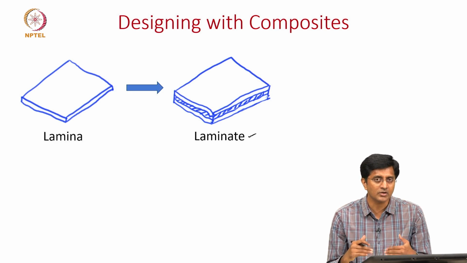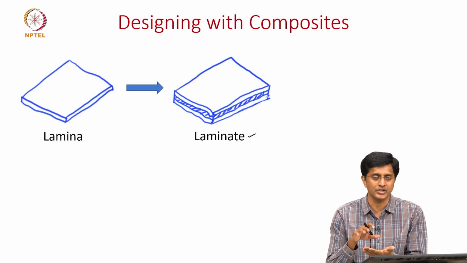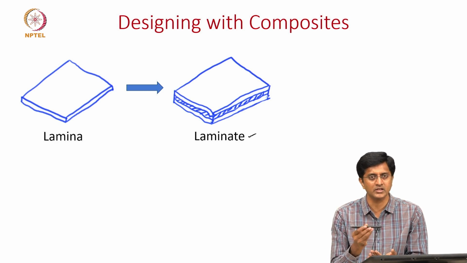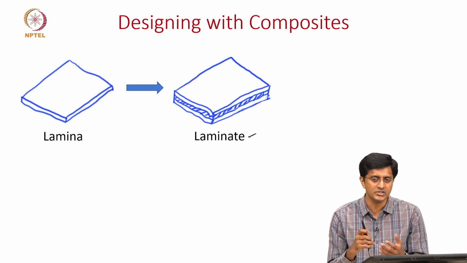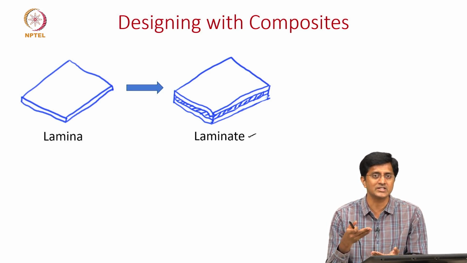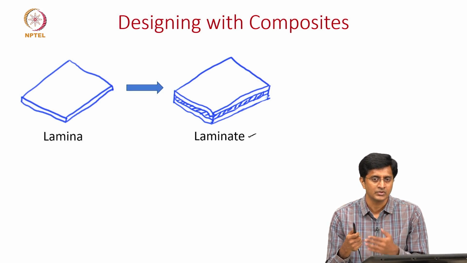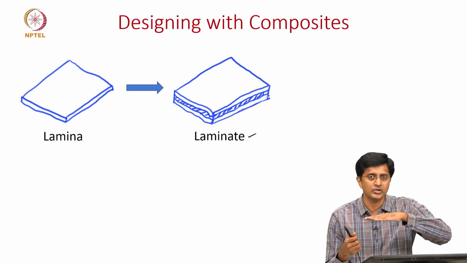But after this there are a few more important design options, like the orientation, because these fibers are directional. You can either have 0 degrees, 90 degrees, or some incline between 0 and 90. That is called the orientation of each layer. And then what also matters is the sequence, or the stacking sequence as we call it: whether the first layer will be 0, and then what the orientation of the second layer is.